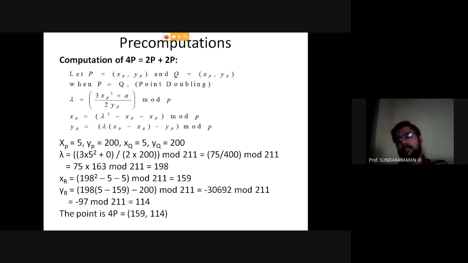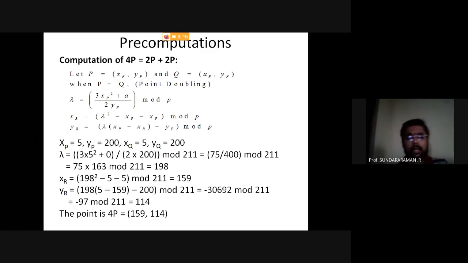Wherever modulo inverse comes, you can apply the extended Euclidean algorithm, or you can use existing online modulo inverse calculators for computation of that. If it is a software program, you can call that function to compute the modulo inverse. So XR equal to 159.